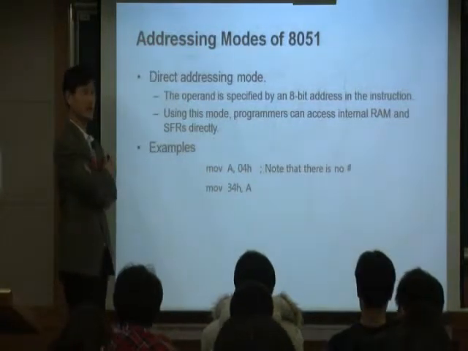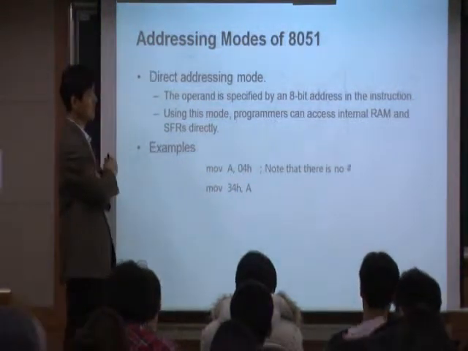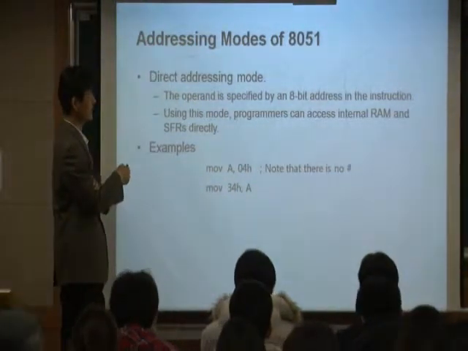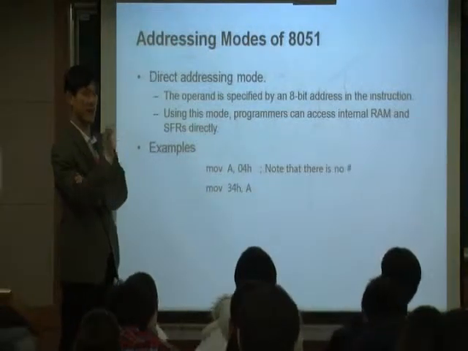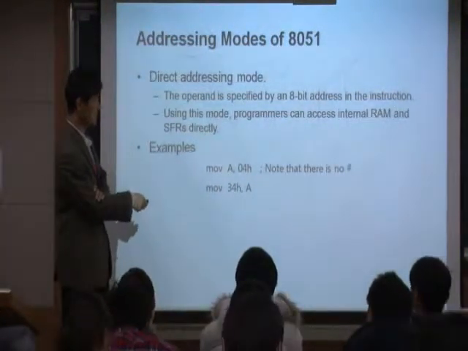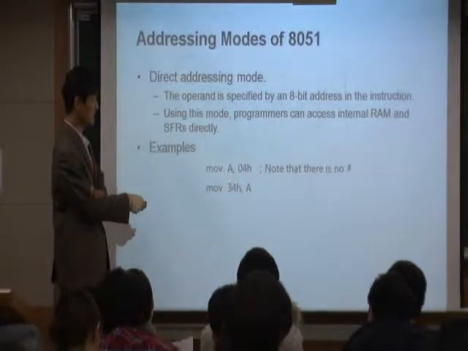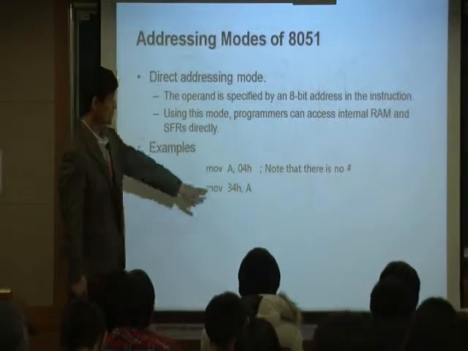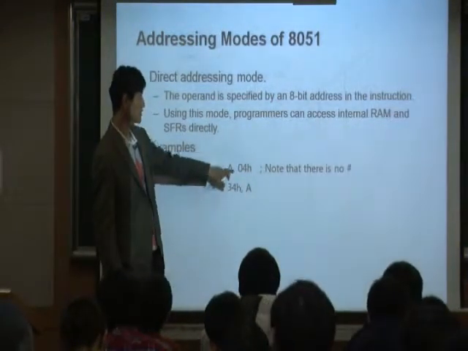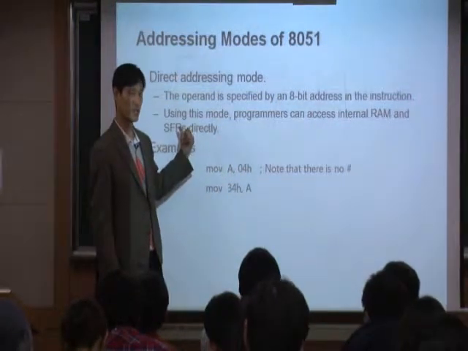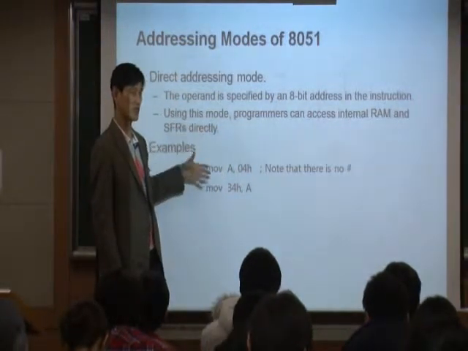Now let's look at the direct addressing mode. Direct and indirect mean the address. It's easier to look at the example. You see that this instruction, MOV A, 04H, is very similar to the immediate one, when we look at immediate addressing.